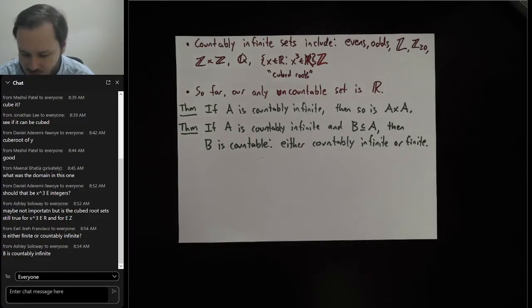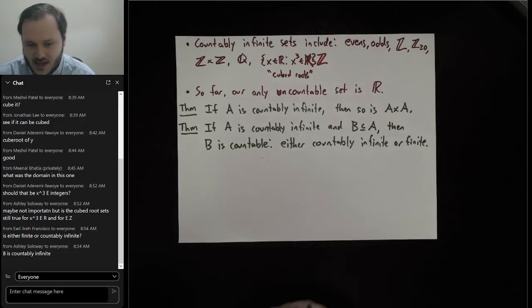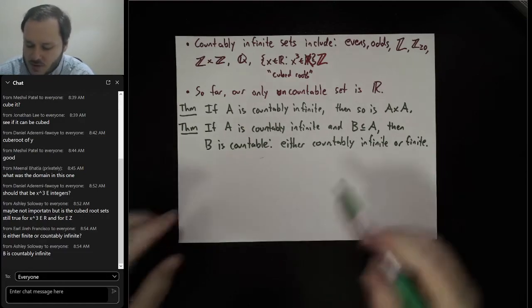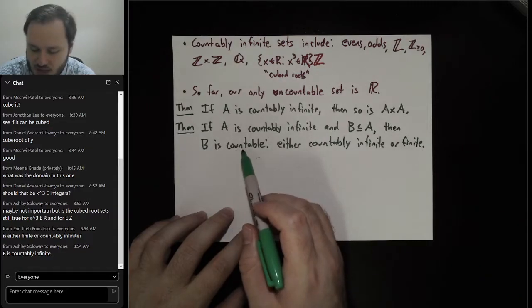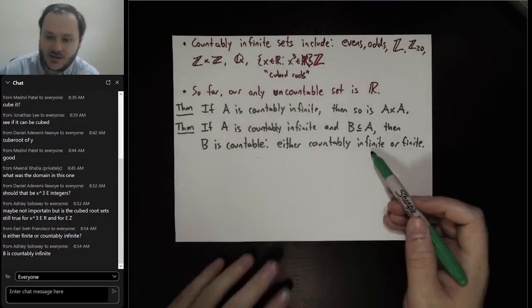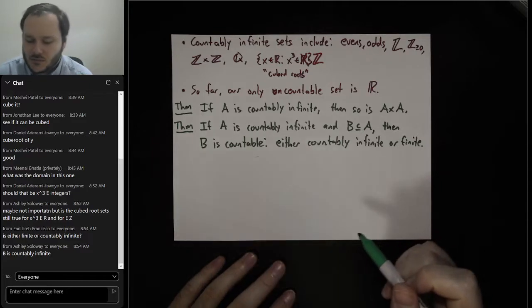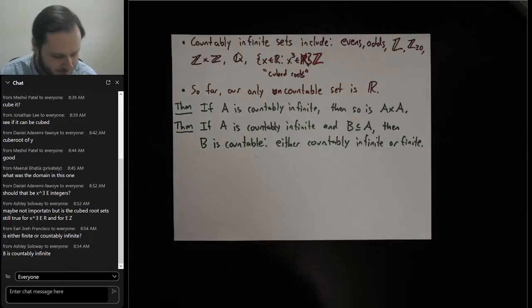That's not possible. If you take a subset, then you get smaller. Maybe you shrink from infinite to finite, or maybe you shrink from countably infinite to still countably infinite. But you can't go up in size.